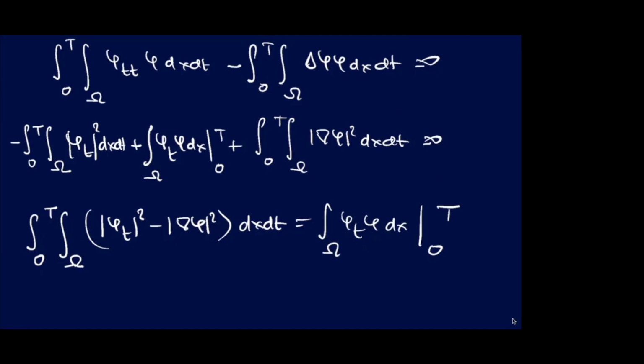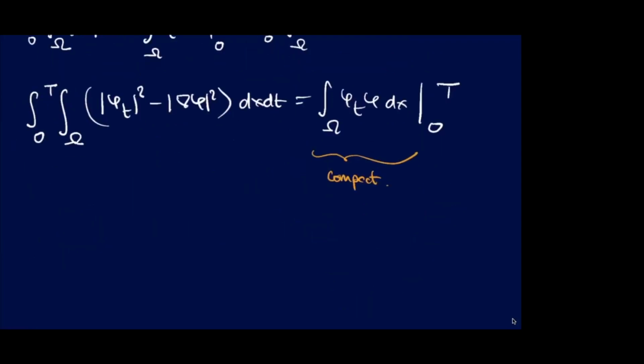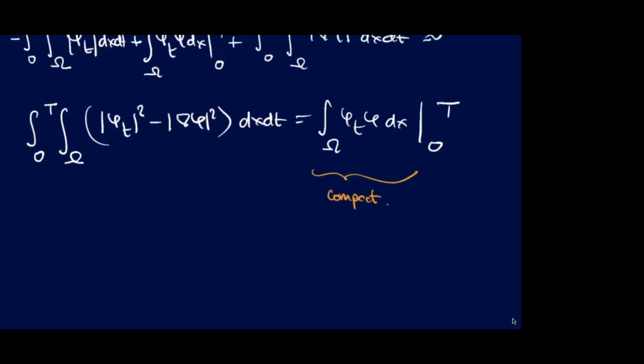So note that this is important, that from a PDE perspective, this term is compact, right? What does it mean that this term is compact? Well, if I am working with solutions of the wave equation, typically phi t is in L2, but phi is in H1, the Sobolev space of functions with gradient in L2, which is compactly embedded in L2.